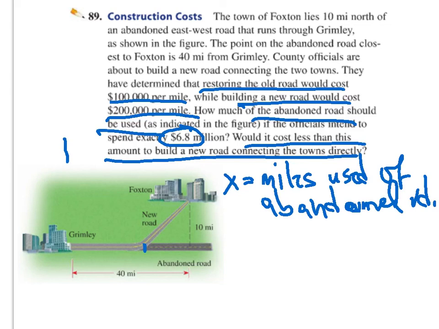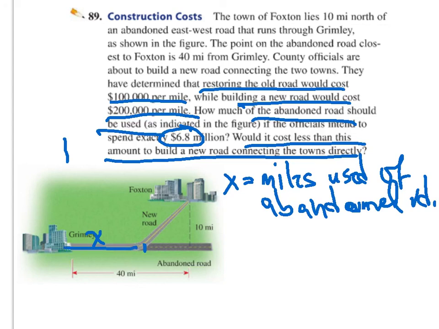Now, this is all related to the cost of building these roads, so let's think about what that cost would be. First of all, we know that restoring the old road is $100,000 per mile. On our figure, the miles of the abandoned road would be right there. That's x miles.